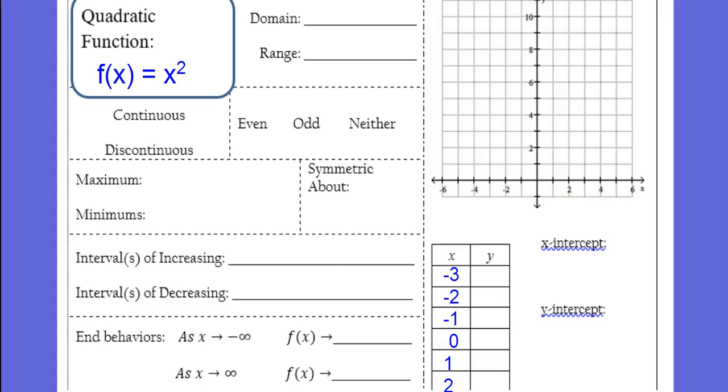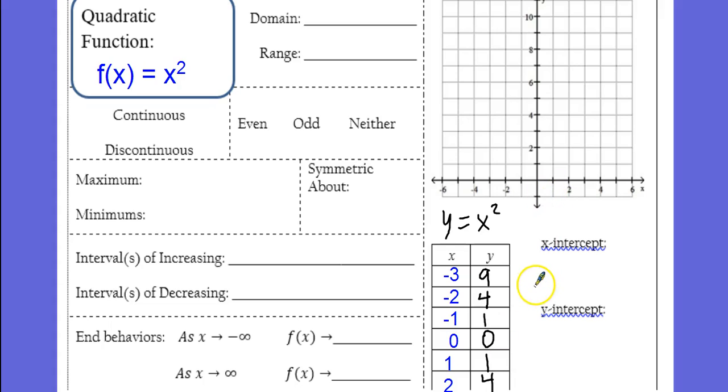Okay, here we go. The basic or the parent function of the quadratic says y equals x squared, or f of x equals x squared. Okay, so let's start with our table of values for y equals x squared. So if I square -3, I get... -2, -1, 0, 1, 2.